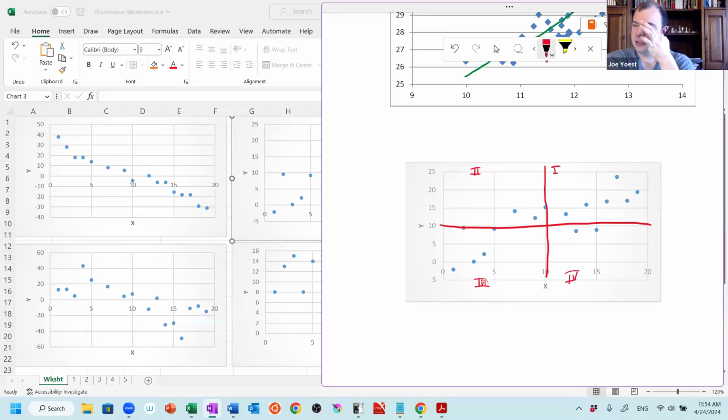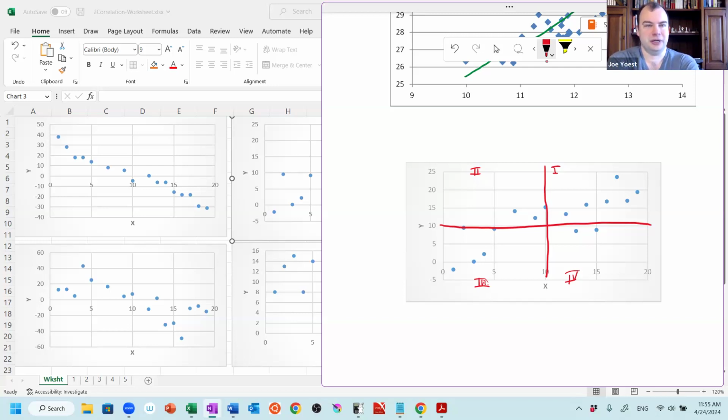3, and 4. And I can ask myself, does it seem like there's more data in quadrants 1 and 3 and less in 2 and 4? That would suggest a positive correlation. Does it seem like there's more in quadrants 2 and 4 and less in 1 and 3? That would suggest a negative correlation. Or does it seem that the data is roughly evenly distributed between the 4 quadrants?